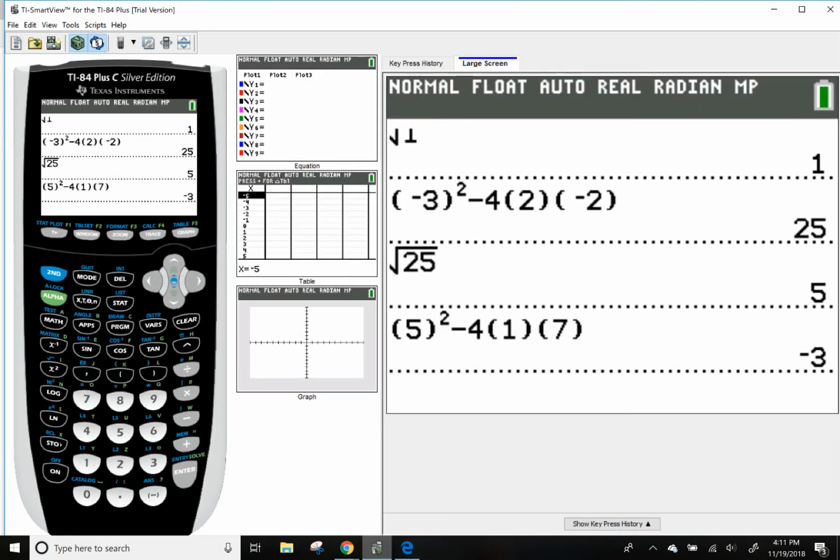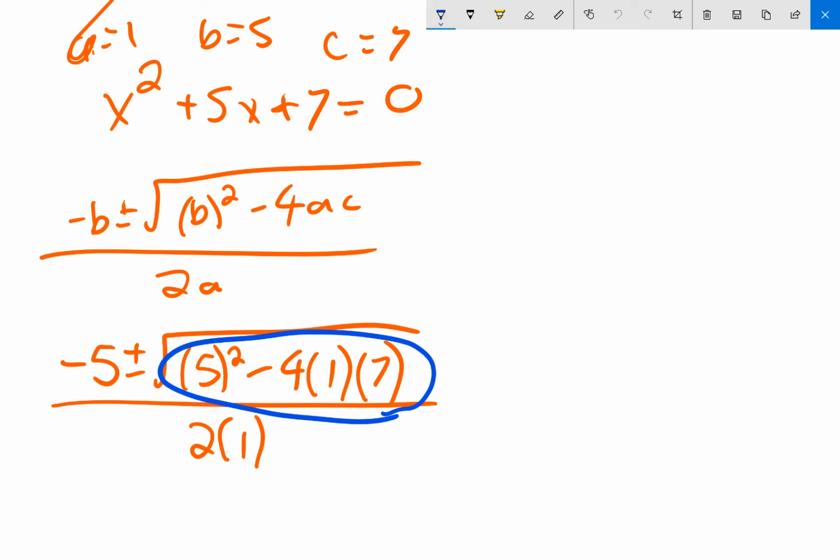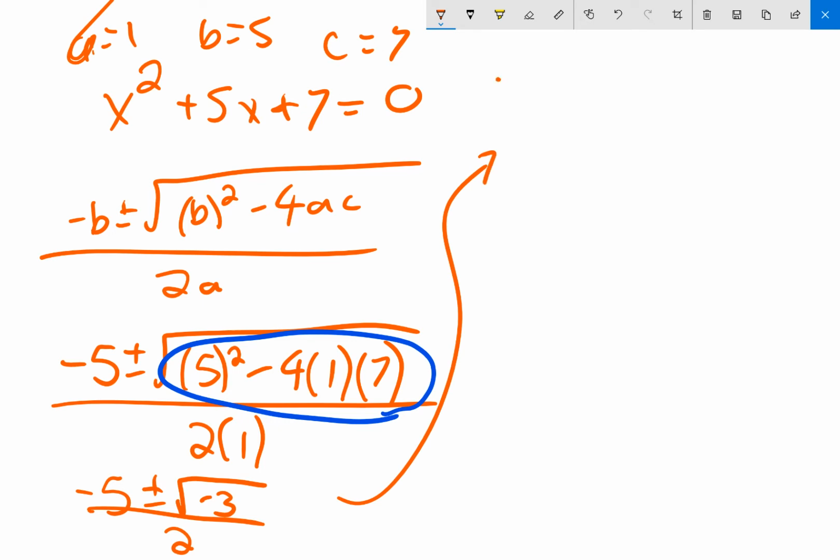So this is a little more interesting now because it's a negative number. So I have negative 5 plus minus, and inside the radical is negative 3. And on the bottom, 2 times 1 is just 2. So I'll move this back over here just so I have a little more space. Plus minus square root of negative 3 over 2.